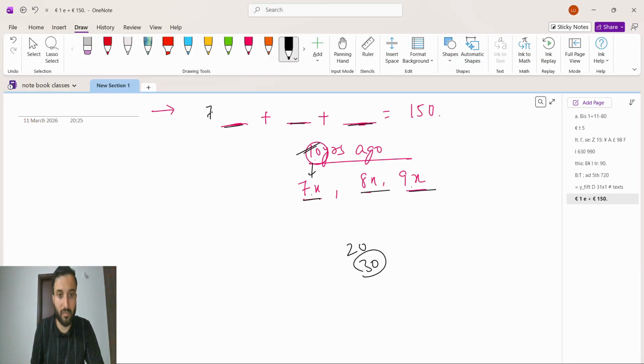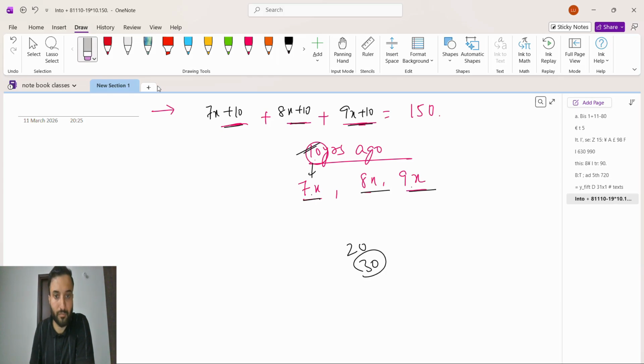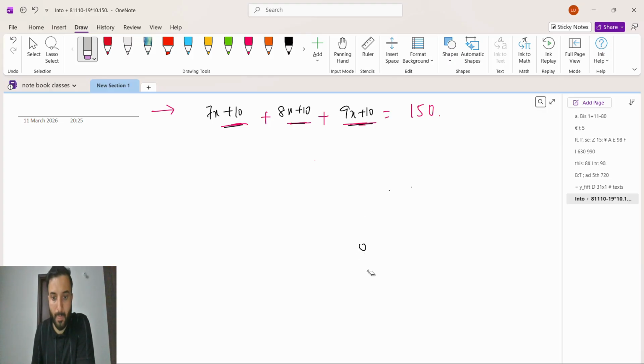So it will become 7x plus 10, 8x plus 10, 9x plus 10. This is the present age, that is equal to 150. So let's count this. X will add up.